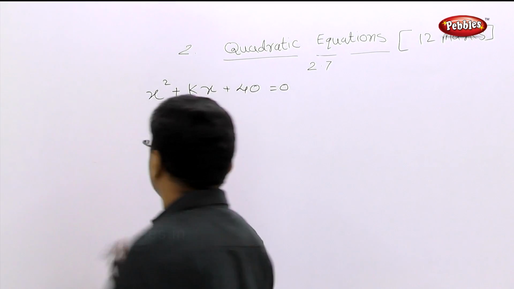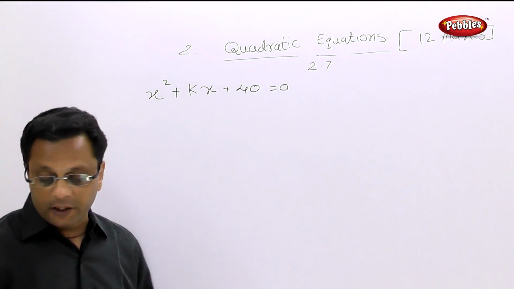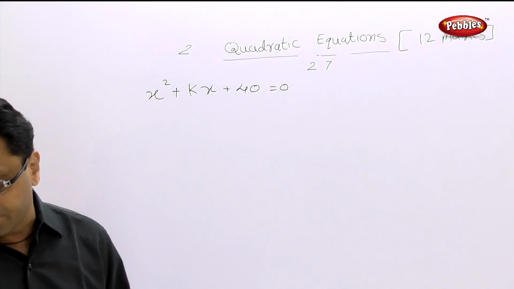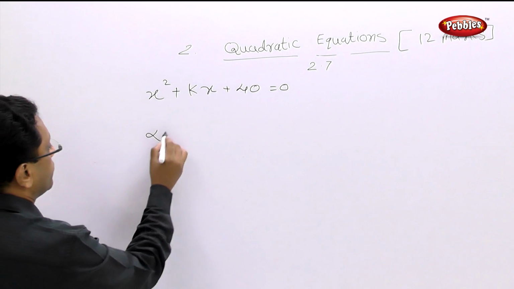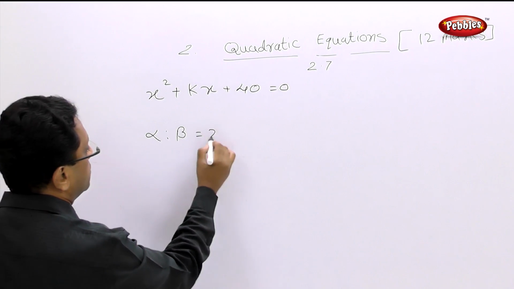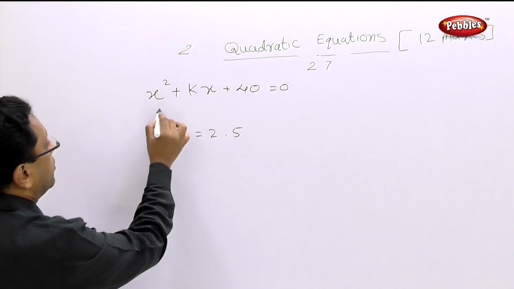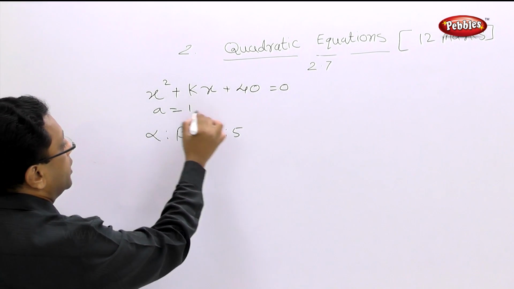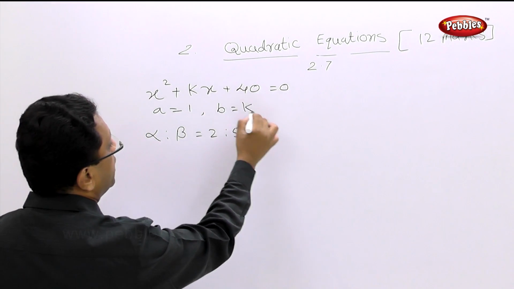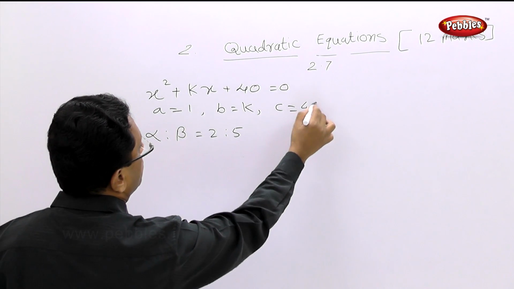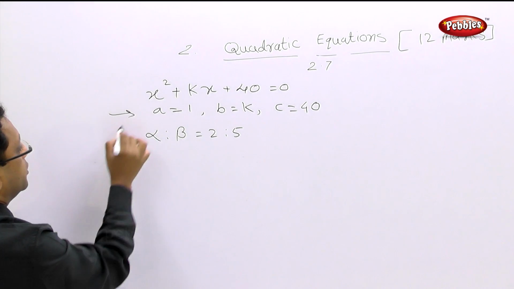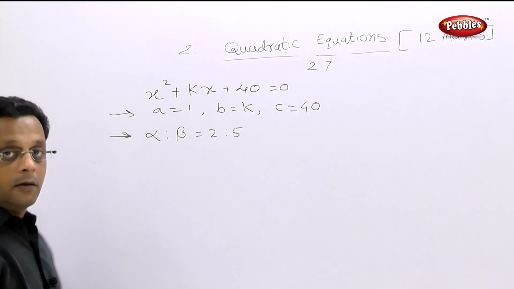Here a is equal to 1, b is equal to k and c is equal to 40. These three things are given.